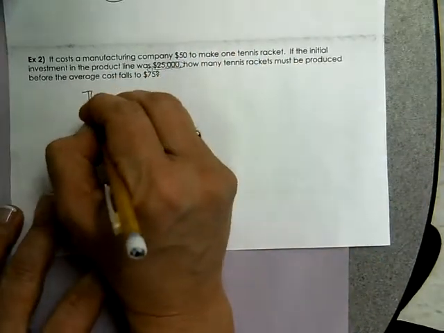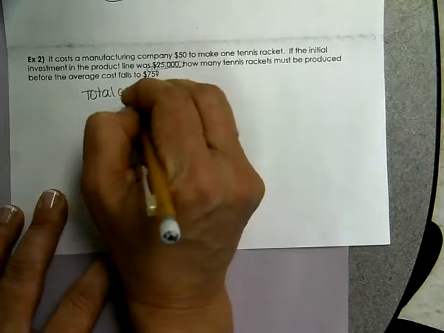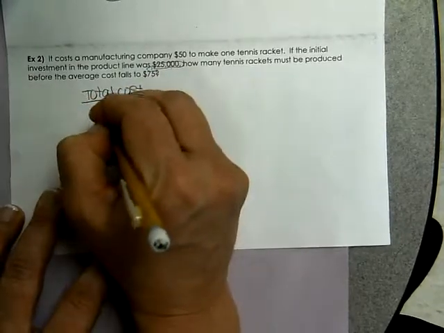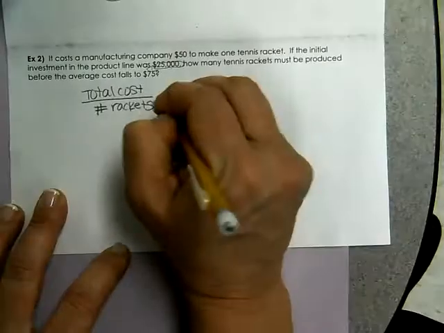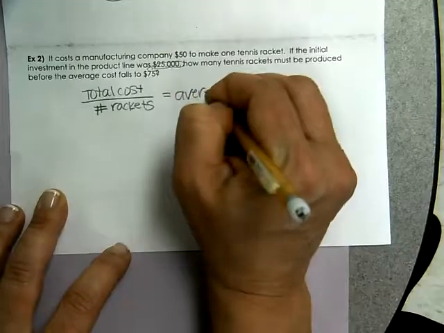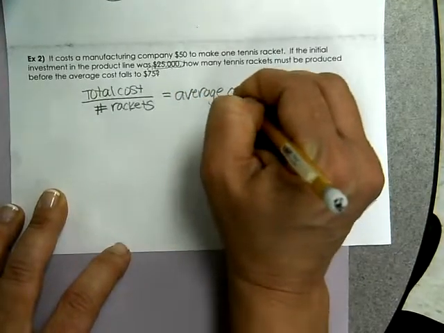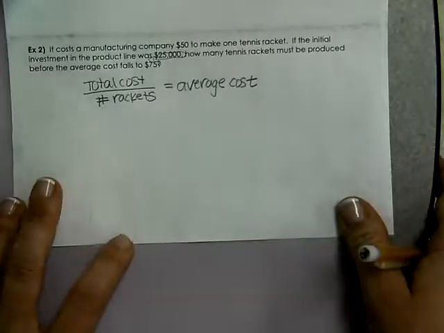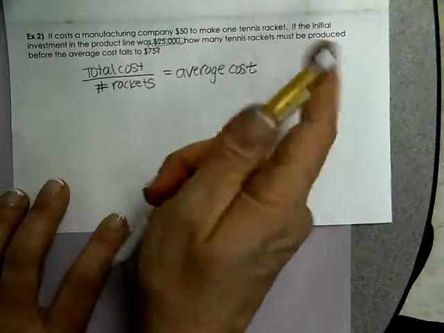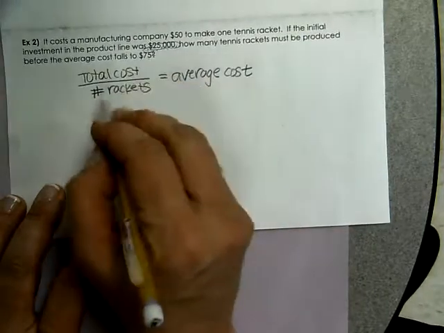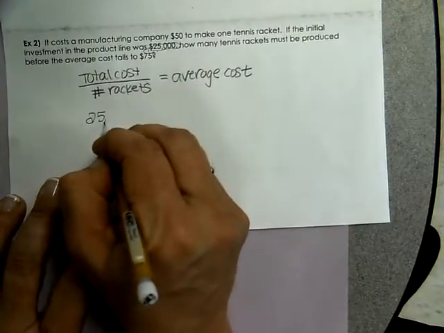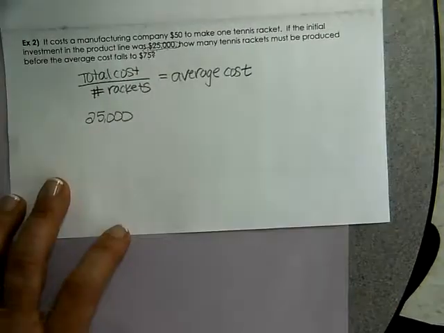So what you do is you think about taking your total cost and dividing it by the number of rackets, and that is going to give you your average cost. So let's think about the total cost for these tennis rackets. We started by paying $25,000 for the investment.